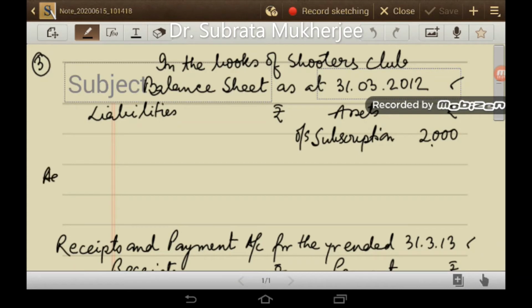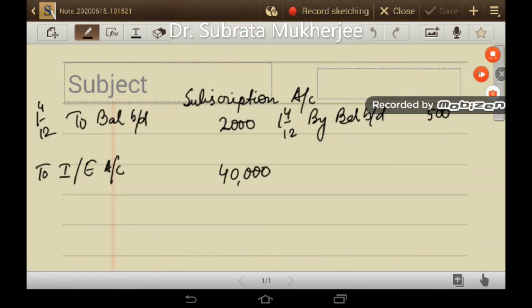So advance subscription in the opening balance sheet was rupees 500. Next is subscription received in advance on 31st March 2013. So on 31st March 2013 we have received subscription in advance.